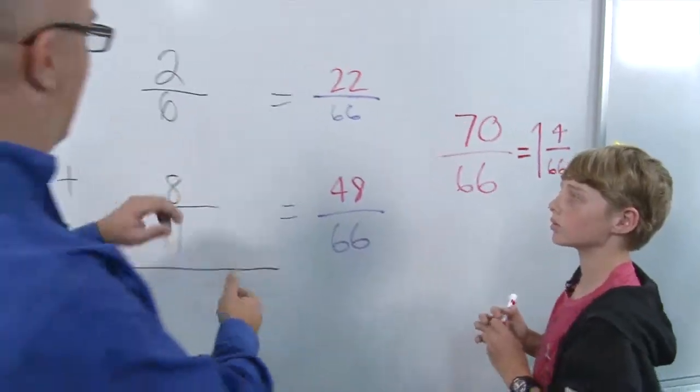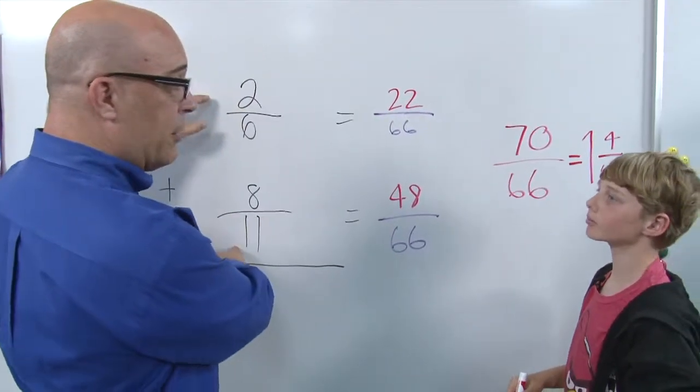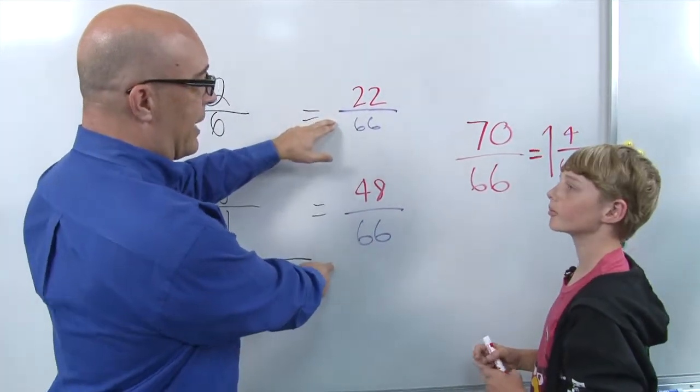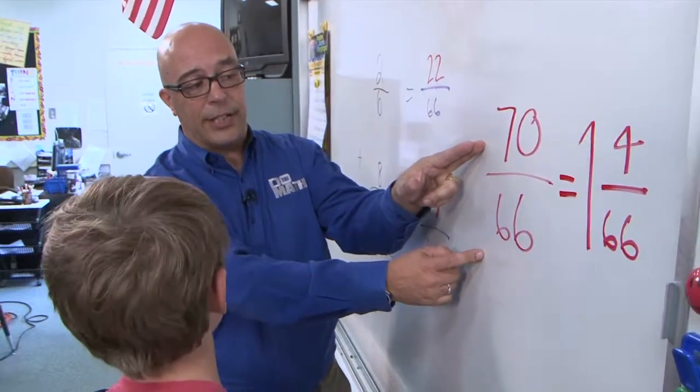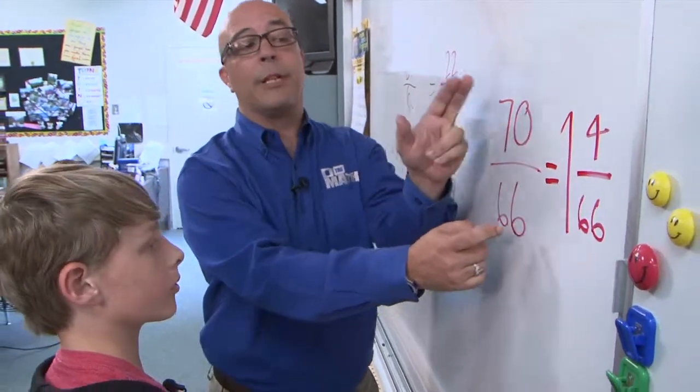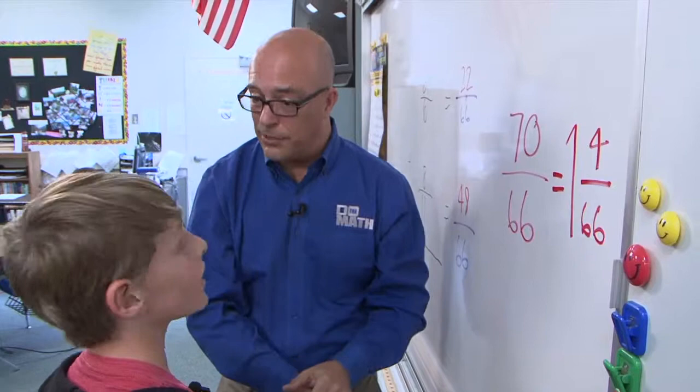Perfect. So we added 2 sixths and 8 elevenths. You made equivalent fractions with least common denominators. Then we came out to 70 66ths, an improper fraction, and you turned that into a mixed number. Can we simplify the mixed number?